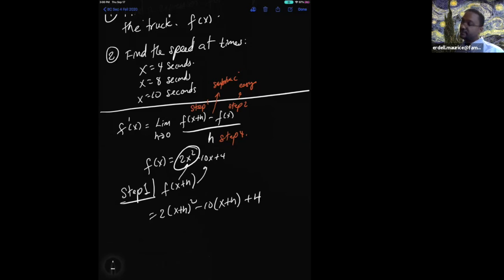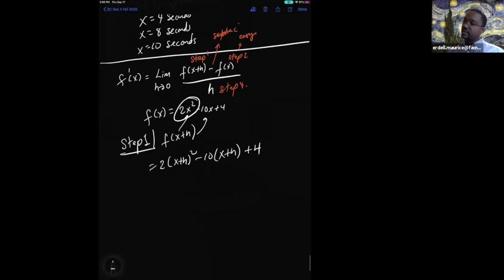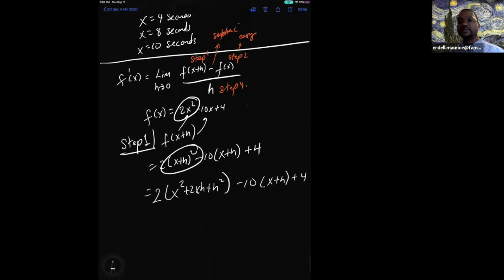Okay? Now I gotta work this out, but we worked this out before. It becomes x squared plus 2xh plus h squared. I leave everything else the same. And let me pause right here. Any questions?